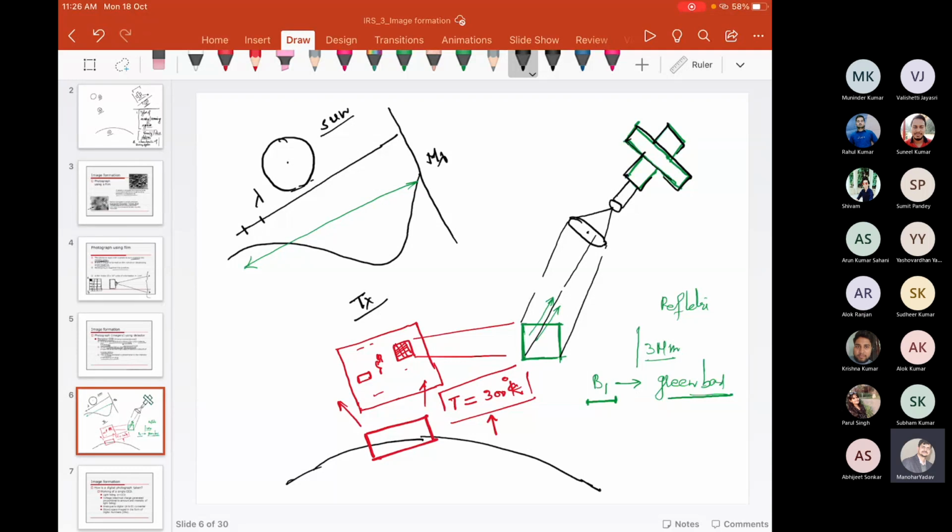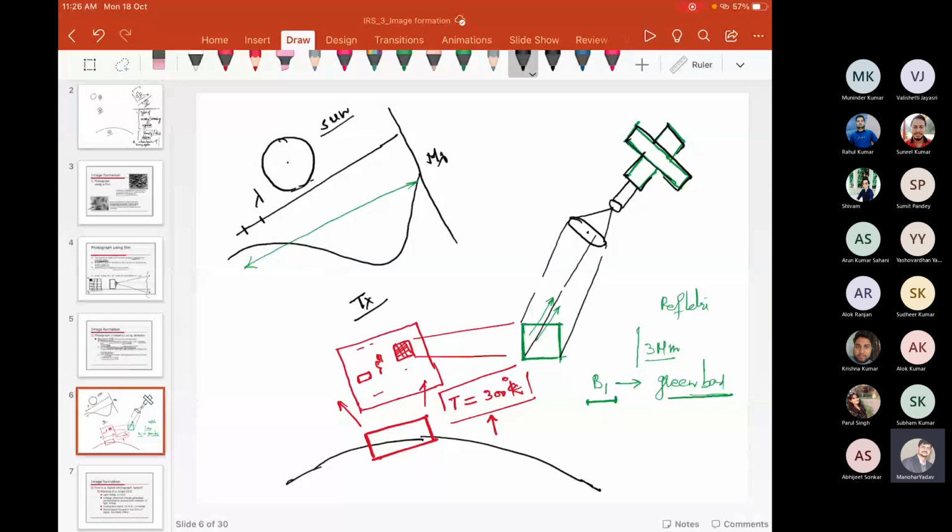See, this satellite is continuously revolving around the Earth's surface, and the sensor looks towards one ground resolution element for a particular specific time.